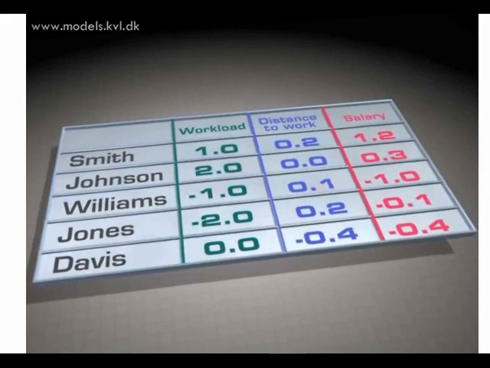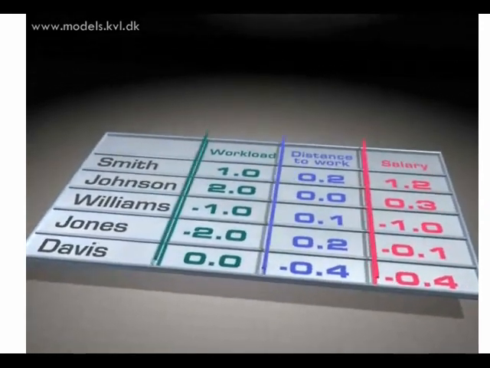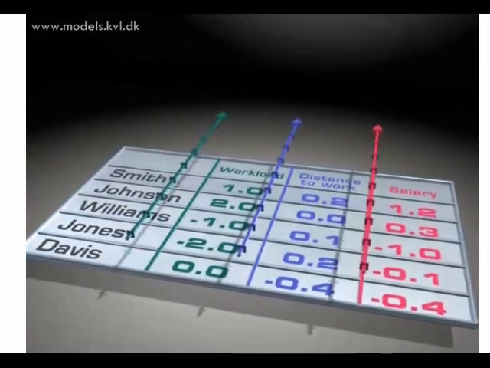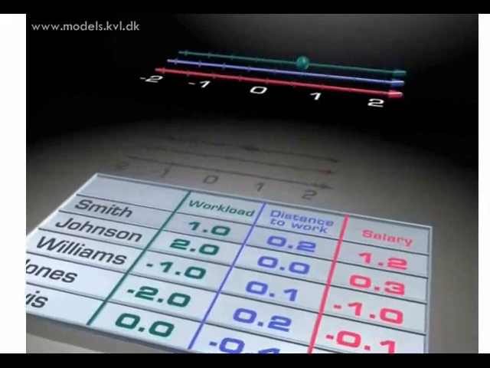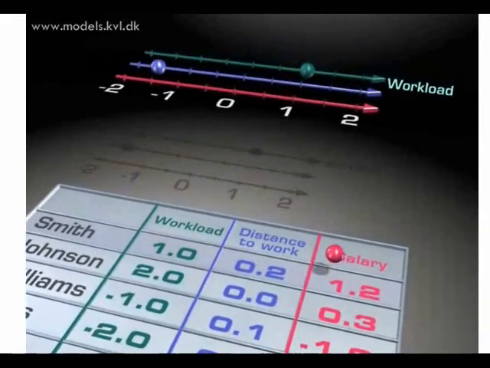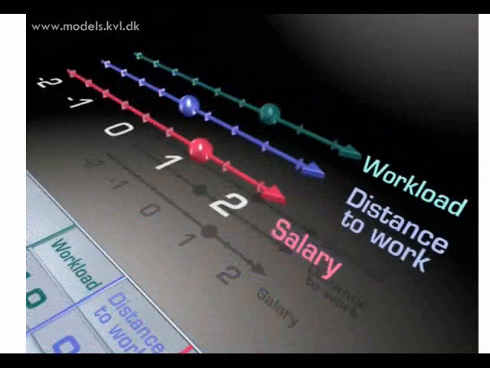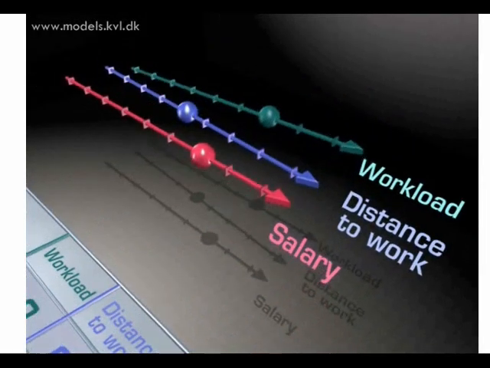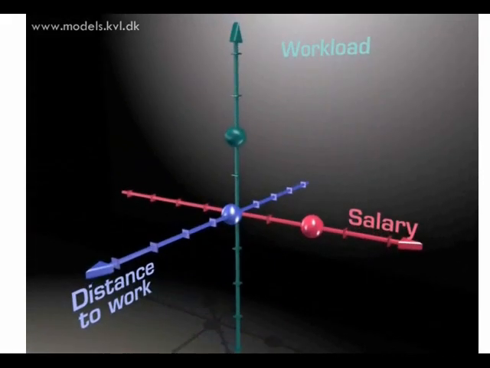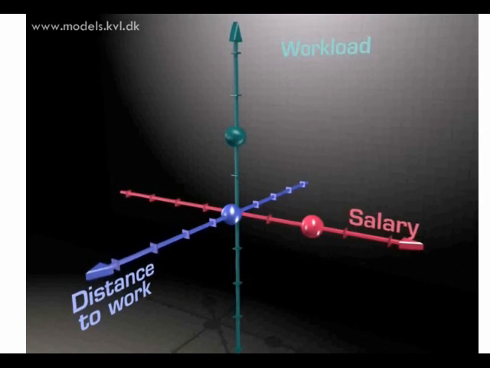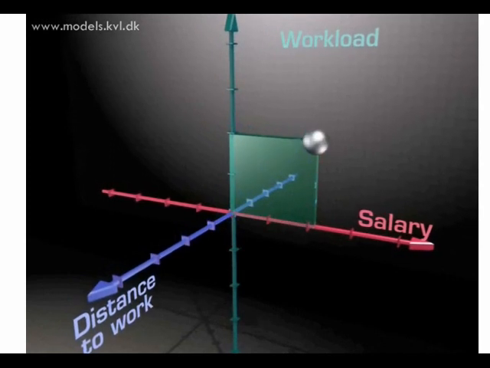Here we see a table of data. 5 samples and 3 variables. Every sample can be represented by a 3-dimensional coordinate system. If we look at Smith, he has workload 1, so we can add a point 1 on the green axis representing Smith's workload. And if we plot the coordinate system in a normal fashion, we see that every sample, just as Smith here, will be represented by 1 point.